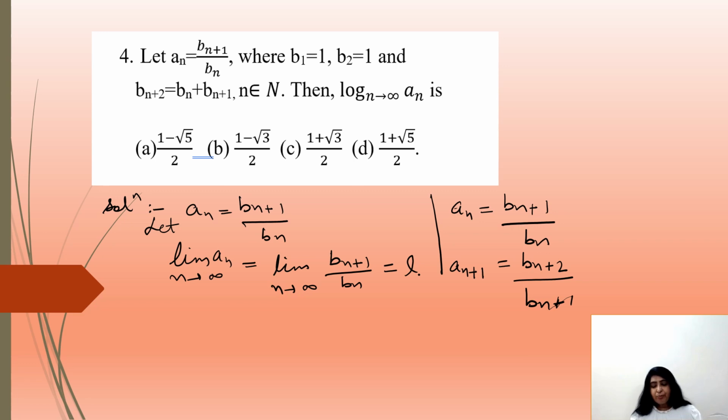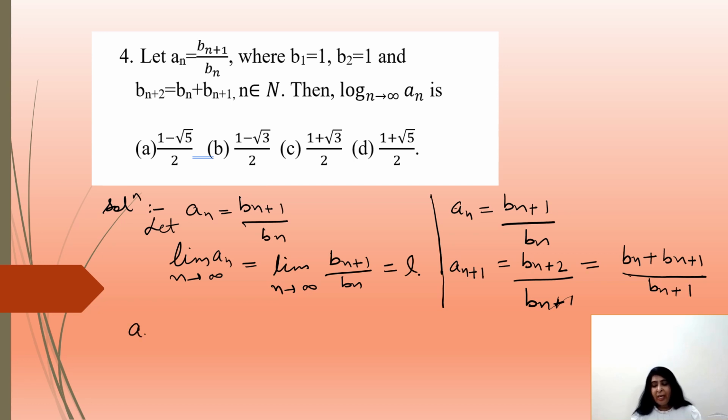Right. Now substitute the value of bn plus 2. So bn plus 2 is equal to bn plus 1 plus bn, divided by bn plus 1. Now just solve it out.